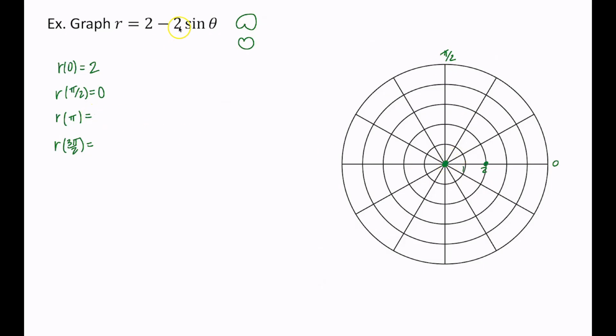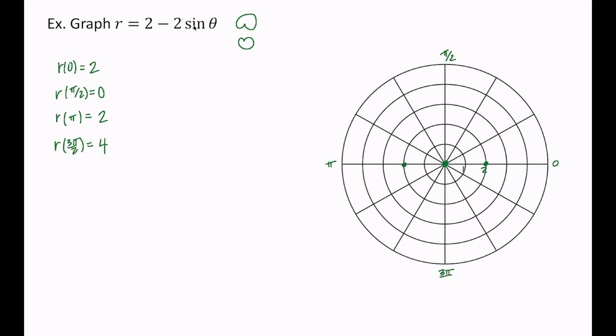When I substitute in pi, sine of pi is also 0. So 2 minus 0 is 2. So at the angle pi, I'm going to go 2 units towards pi. That's going to bring me right here. And at 3 pi over 2, sine of 3 pi over 2 is negative 1. So 2 minus 2 times negative 1, that's 2 plus 2. That's going to give me 4.